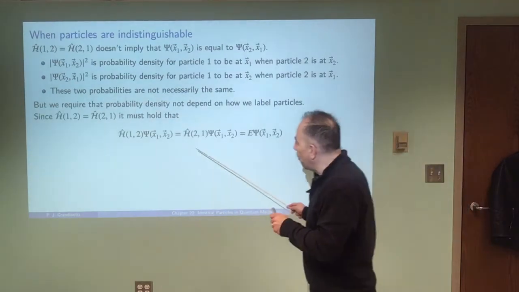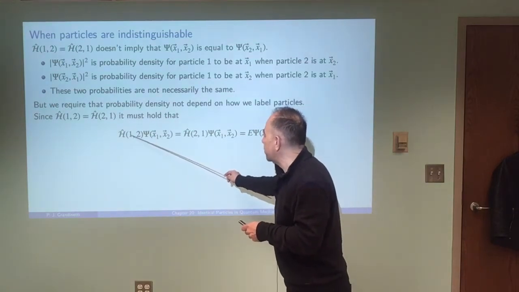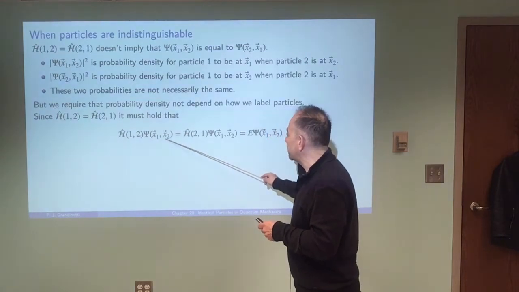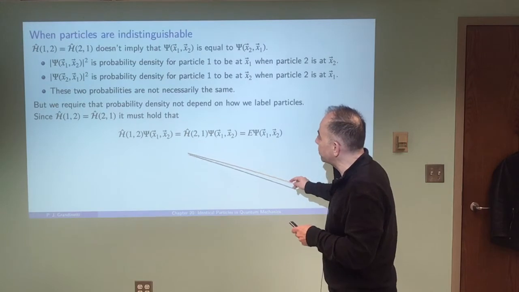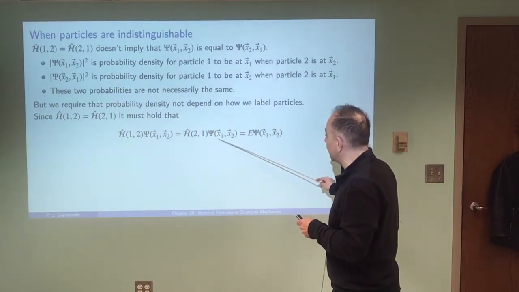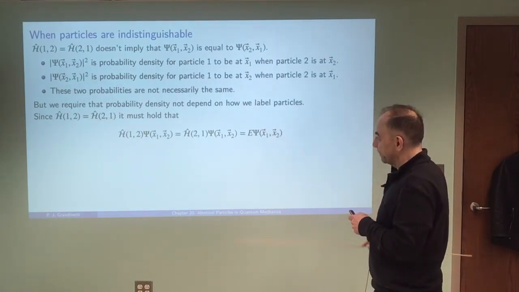So what that means then is that if this Hamiltonian with 1, 2 labeling operates on this wave function with 1, 2, it should give me the same result as this Hamiltonian with 2, 1 labeling acting on the wave function with 1, 2, and give me that energy eigenvalue back. Okay?